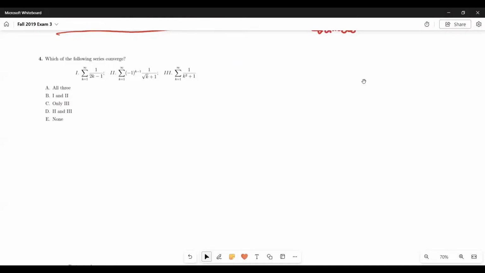Okay, this question asks which of the series converges. Let's look at the first one, 1 over 2k minus 1. We are going to compare to 1 over 2k by the direct comparison test. And 1 over 2k is divergent by the p-series because the exponent is 1, so this is divergent.